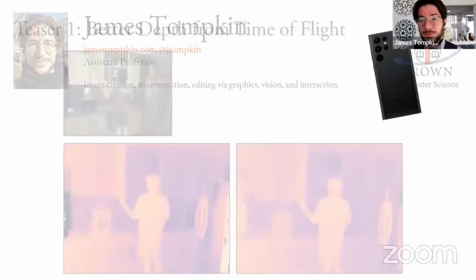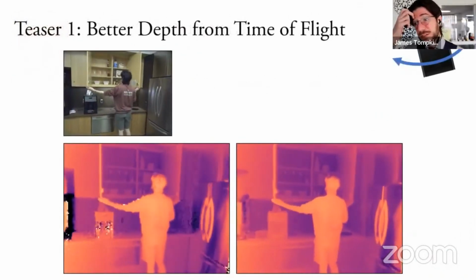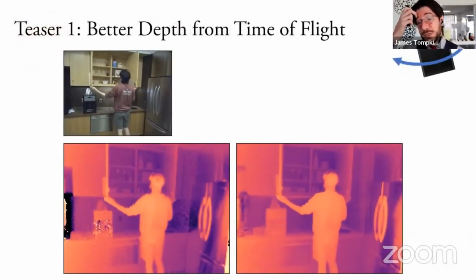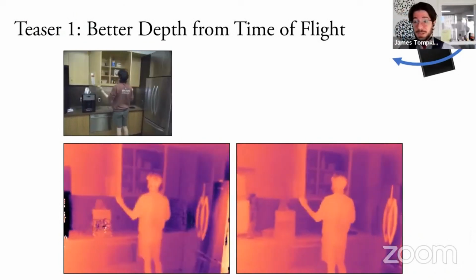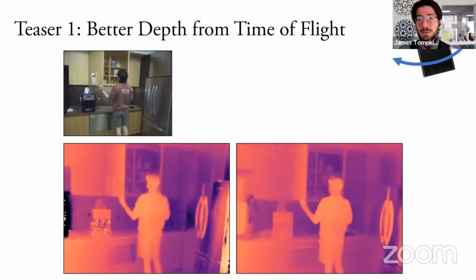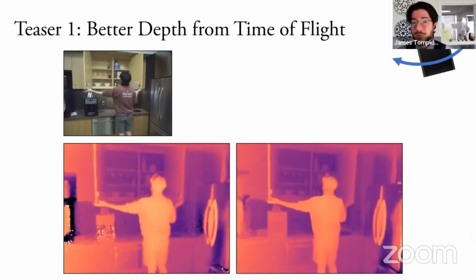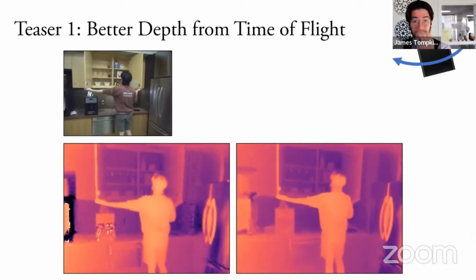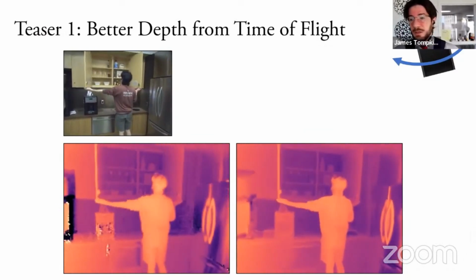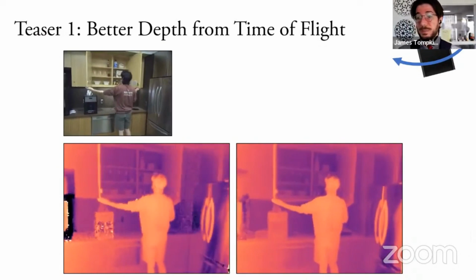So I'm going to tease you with 2 things that I'm going to talk about today. The first is if we can derive better estimates of the depth of scenes using these multi-camera systems. So depth is critical for many of the tasks that we want to perform in scene reconstruction. It's usually the first step from our pipeline.